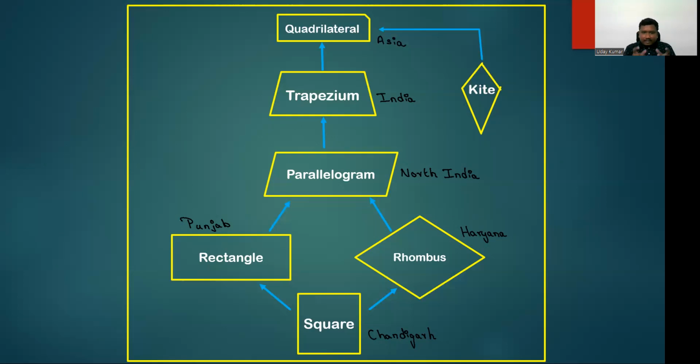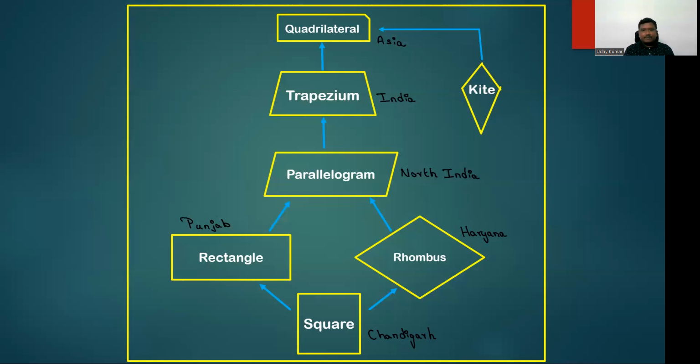Okay. Here, if you see, I took Chandigarh. Chandigarh, you know very well, is the capital of Punjab as well as Haryana. So, square is a rectangle, is a rhombus. Similarly, Chandigarh is in North India, Chandigarh is in India, Chandigarh is in Asia. In the same way, square is a parallelogram, square is a trapezium, square is a quadrilateral.